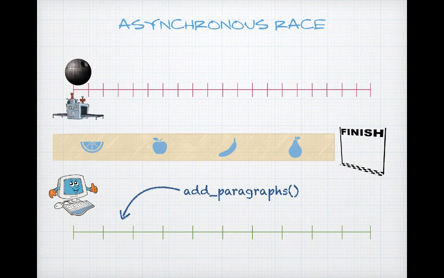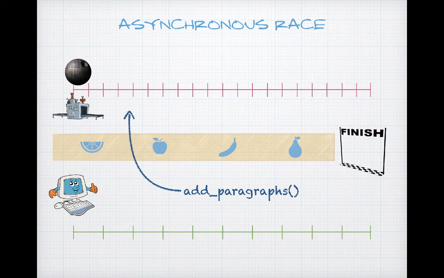We're calling add paragraphs in the fast timeline, but we're calling that function before the asynchronous processes have had a chance to add data to the global dataset. So the solution seems pretty simple, and in fact it is. Add paragraphs is in the wrong place. We need to call add paragraphs in the slow timeline, not in the fast timeline.